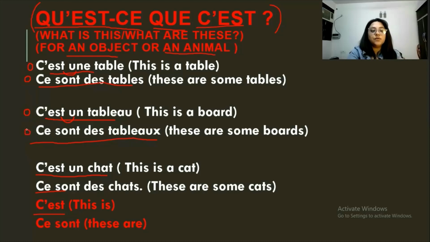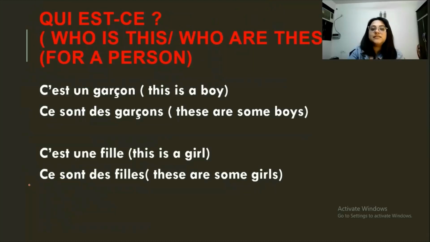Ce sont des tableaux. C'est un chat. Ce sont des chats. Qu'est-ce que c'est?